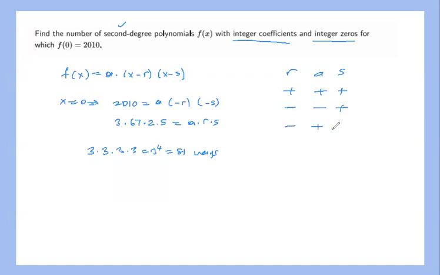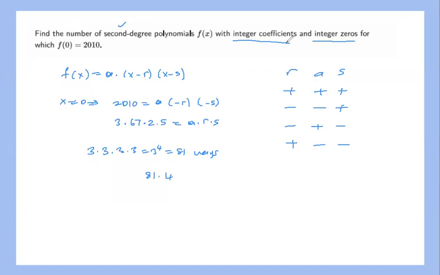So I can have plus, negative, and negative. So there are 4 ways to get the positive result, but the sign will be changing. And when you change the sign of each of these numbers, you get different polynomials. So there are 4 different ways, and for each of these 4, we have 81 ways to achieve this. So we should have 81 times 4 ways to find the number of polynomials.